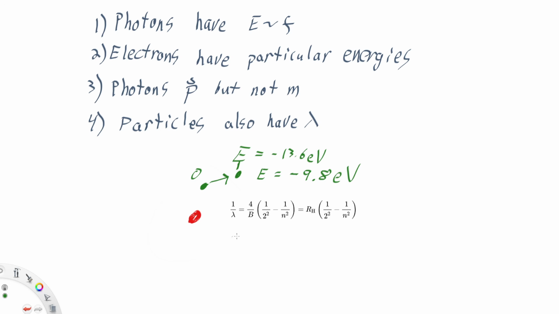But this tells you what values you could possibly see for a wavelength in hydrogen. Right here, n is equal to 2, 3, 4, etc. Any integer above 2. Did that answer your question at all? Yes, thank you. Okay.